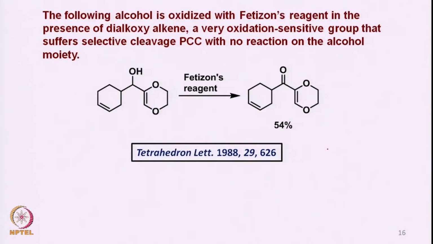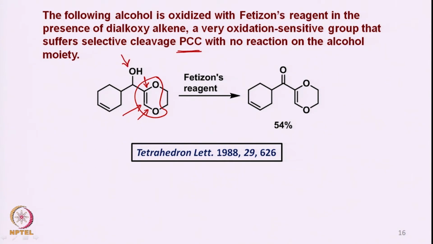Now, the following alcohol is oxidized with Fetizon's reagent in the presence of a dialkoxyalkene. Now, this is an example where we have this dialkoxyalkene. There is an alkene on which you have two alkoxy groups present. So, this is a very reactive substrate, and of course, when it was reacted with PCC, there was cleavage and there was no oxidation of the alcohol.